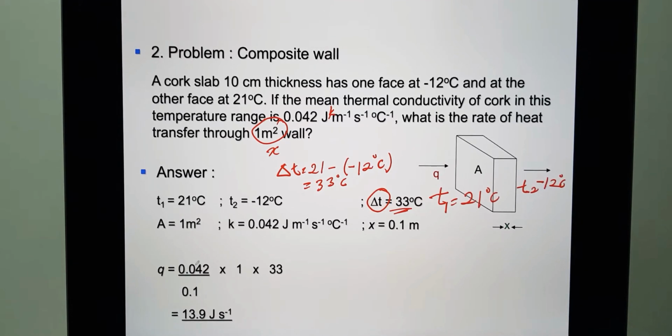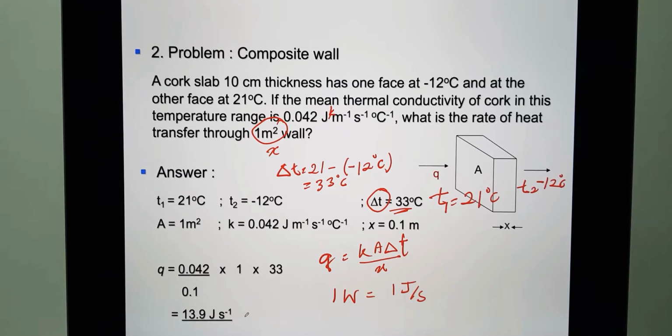Okay, so just apply Q equals Ka delta T over X. Alright, and you will be able to get the value of 13.9 joule per second. Do you remember that the conversion factor of 1 watt is equivalent to 1 joule per second?